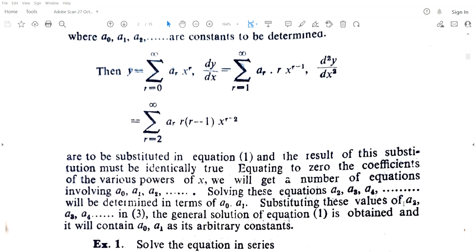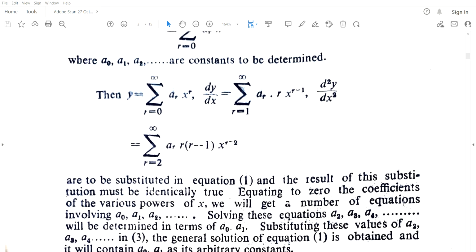Therefore, from the left hand side, we choose all the powers. For example, we choose the power x to the power r, whose coefficient is obtained, and we put it equal to 0, since in the right hand side that coefficient is equal to 0. Therefore, here we see that equating to 0 the coefficients of the various powers of x. This is an important step.